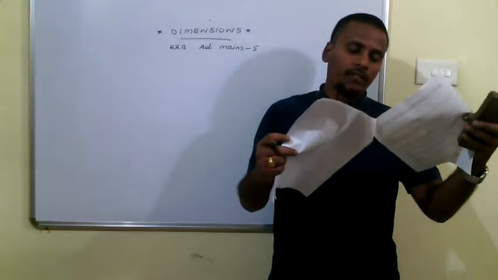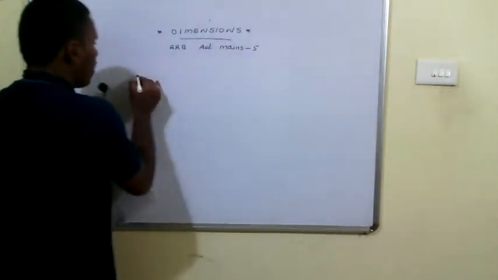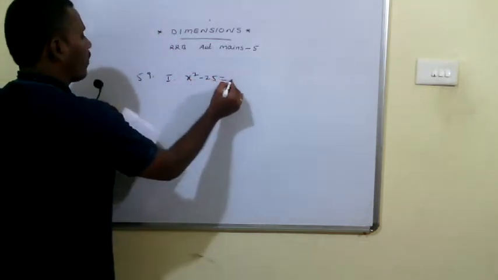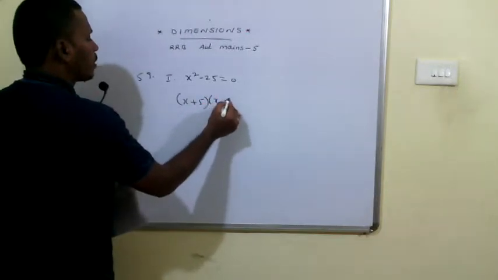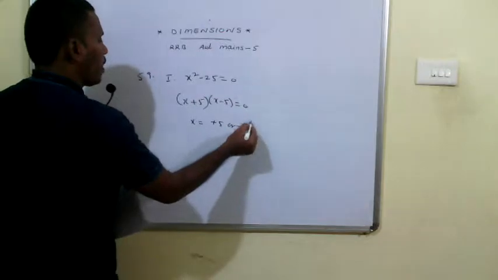Okay. And then for the 59th problem, the first statement is x square minus 25 is equal to 0. This can be expressed like (x plus 5) into (x minus 5) is equal to 0, and the values of x are plus 5 or minus 5.